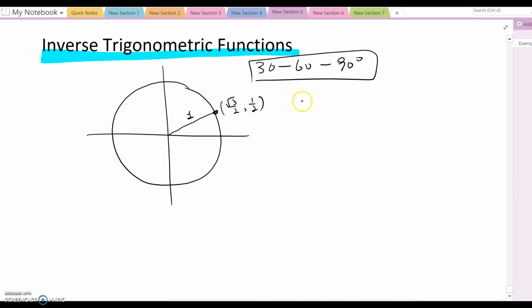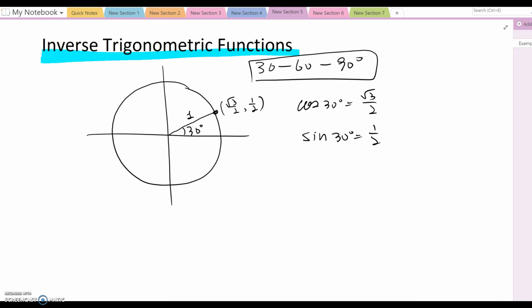It represents cosine 30 degrees, which is root 3 over 2, and sine 30 means 1 over 2.